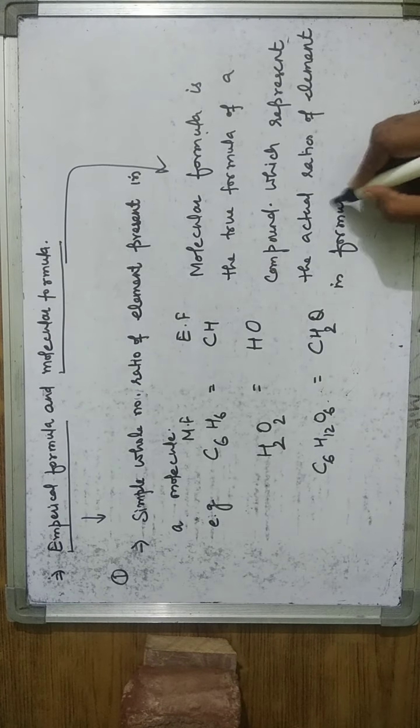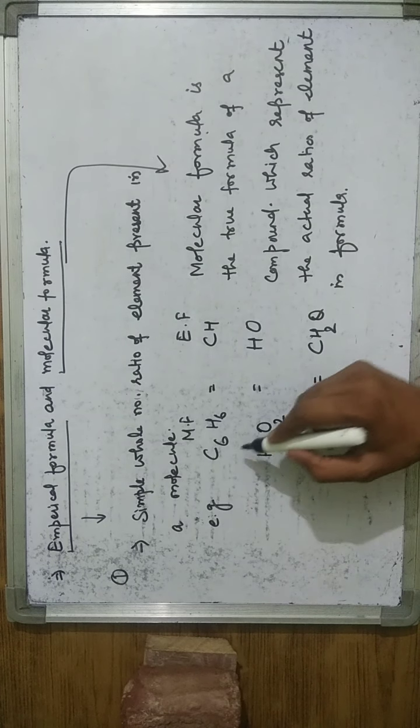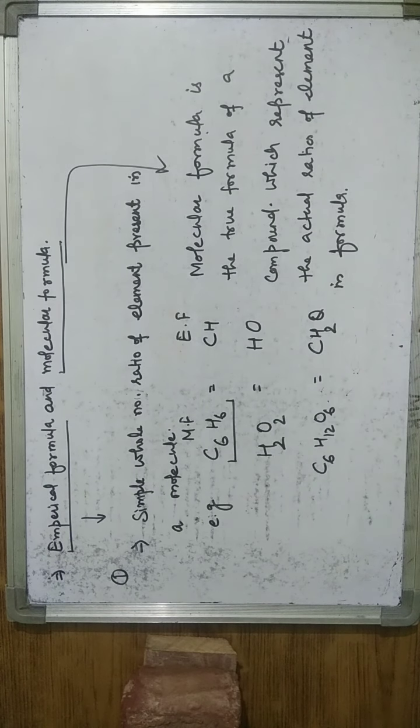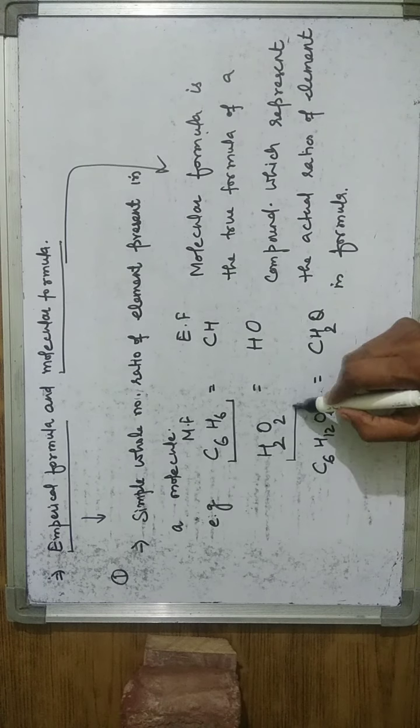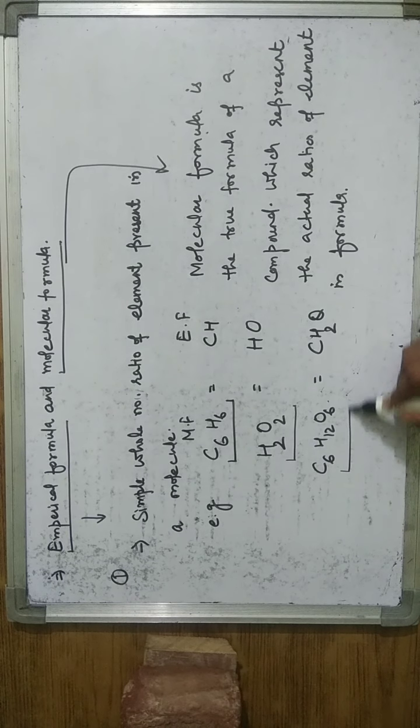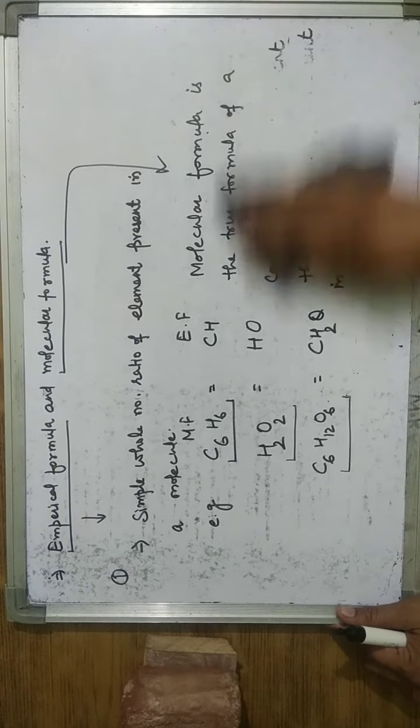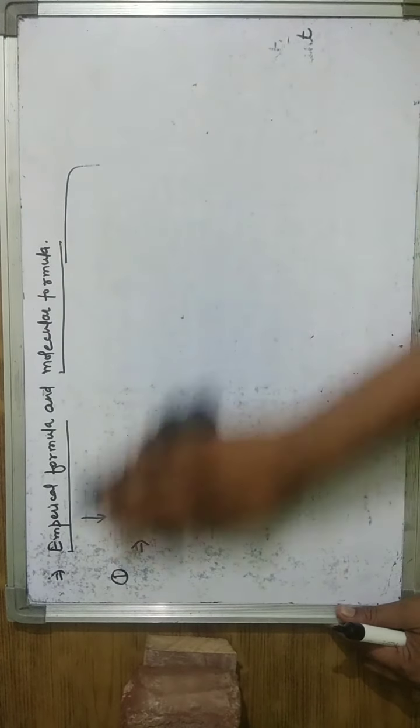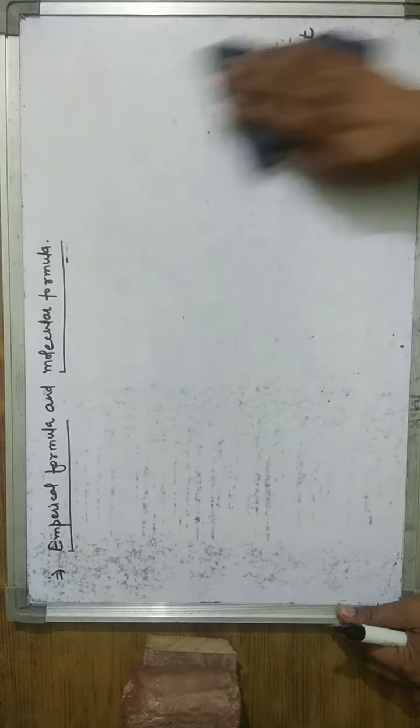This is the molecular formula. Examples of molecular formula are C6H6 for benzene, H2O2 for hydrogen peroxide, and C6H12O6 for glucose. Now after this, we will study some relationships between the empirical formula and molecular formula.